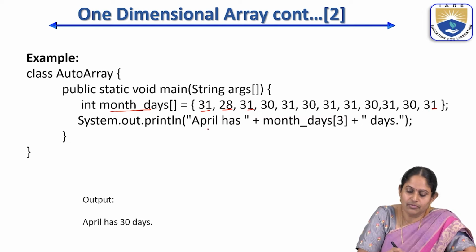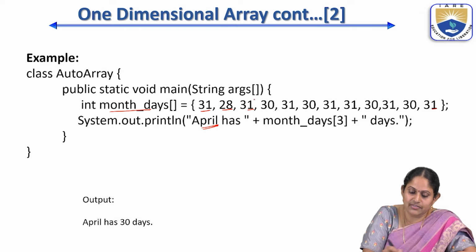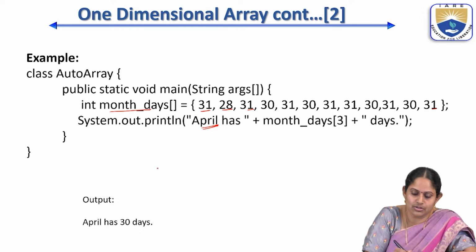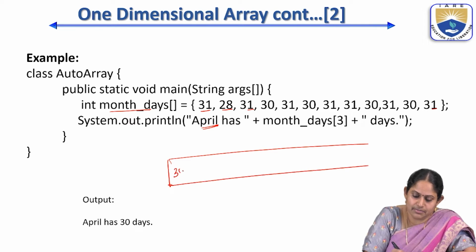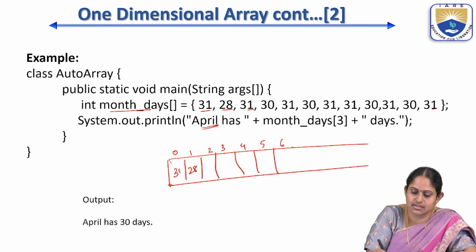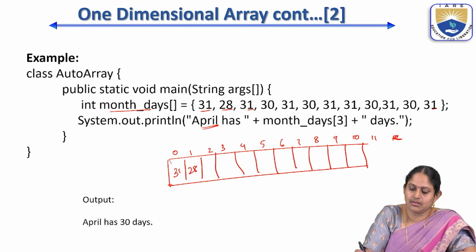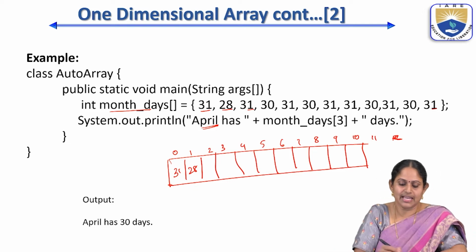Now if we want to access the April month, here we are declaring and initializing its values. So we will get an array with 12 elements, say 31, 28, and so on, indexed 0, 1, 2, 3, 4, up to 9 and beyond.